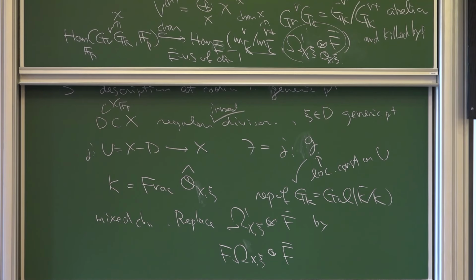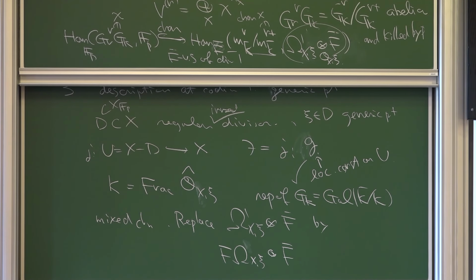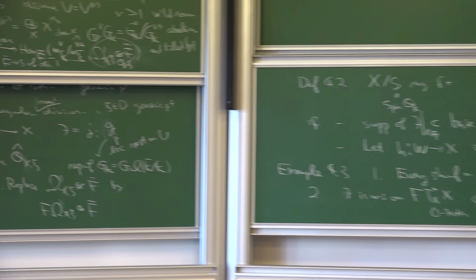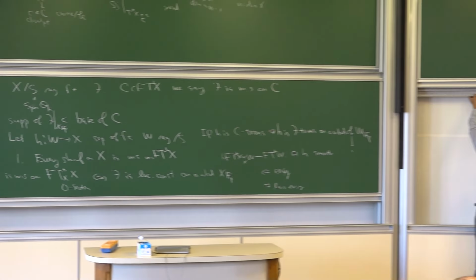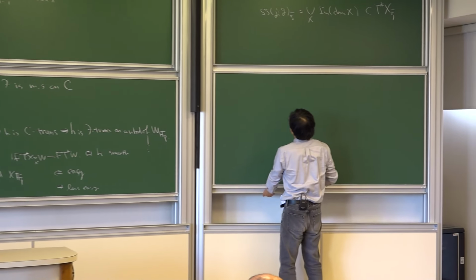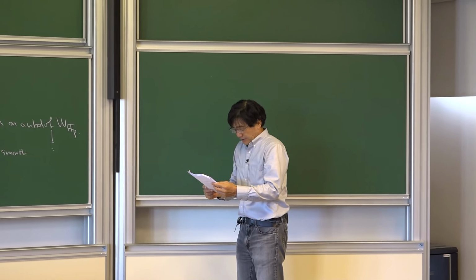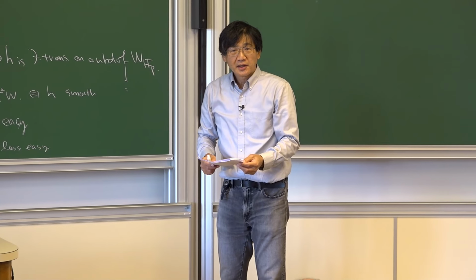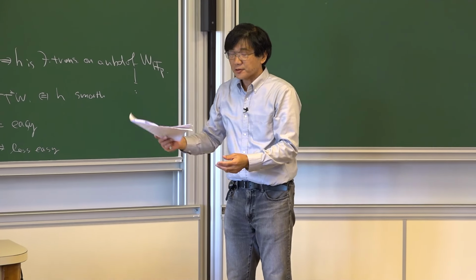Even in the mixed characteristic case, this injection is defined. Okay, so this is the expectation. So you expect it to be of codimension 1. Yes, it's a description in codimension 1.